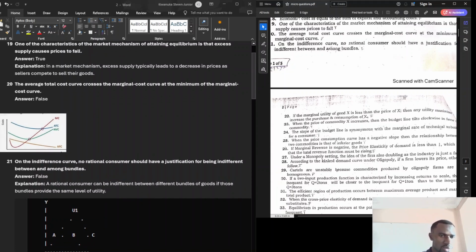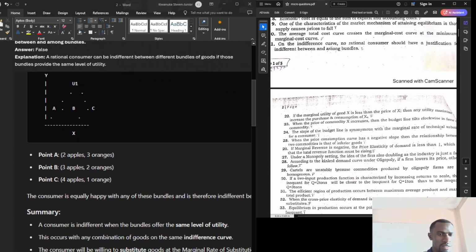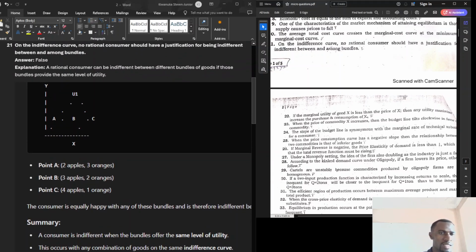I've tried to put an illustration here, and an indifference curve is that curve where we have different options, but all of them give the consumer the same utility. Take an example. At point A, we have 2 apples, 3 oranges, so you can either choose this one, and at point B, you can have 3 apples, 2 oranges. At point C, you can have 4 apples, 1 orange.